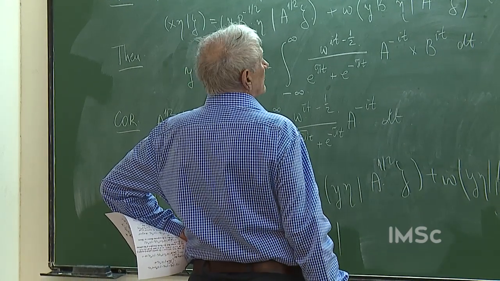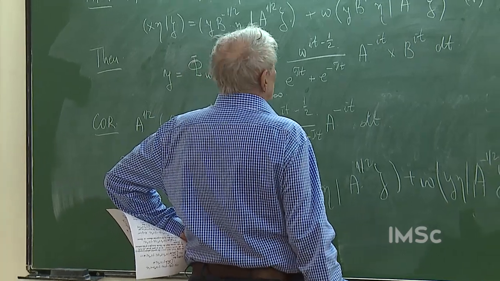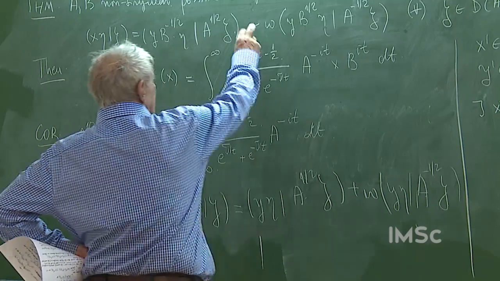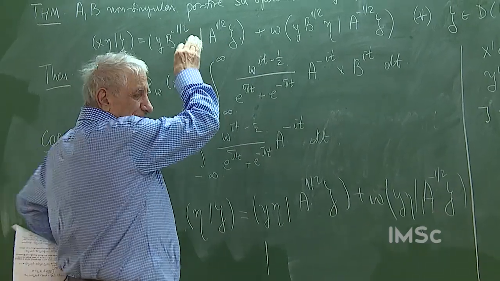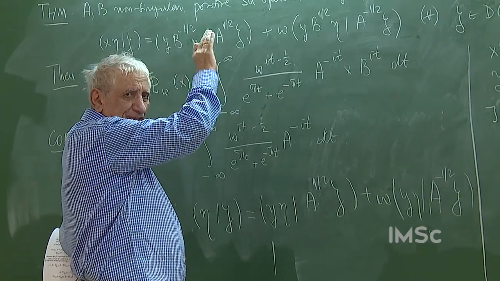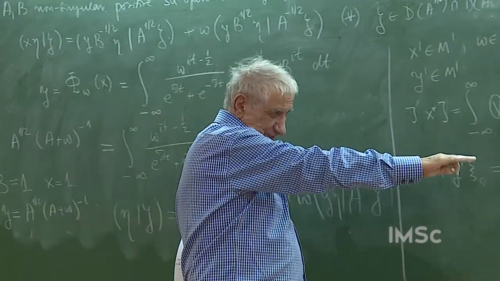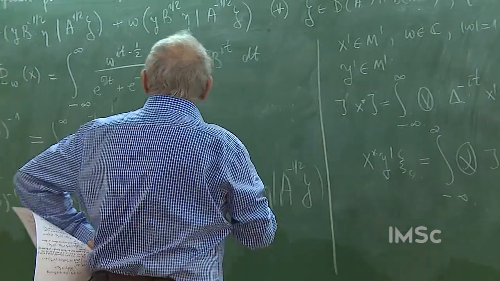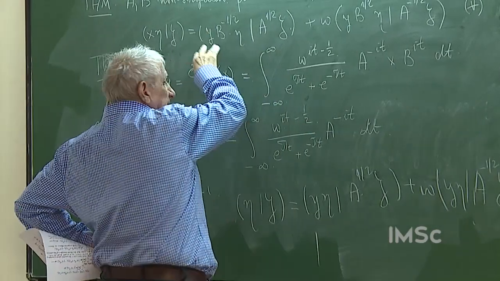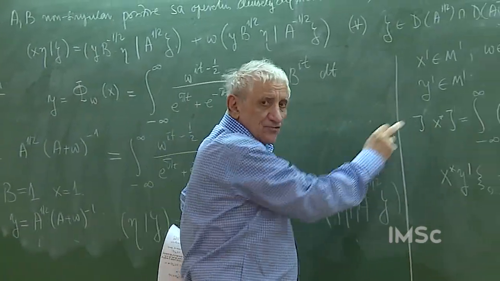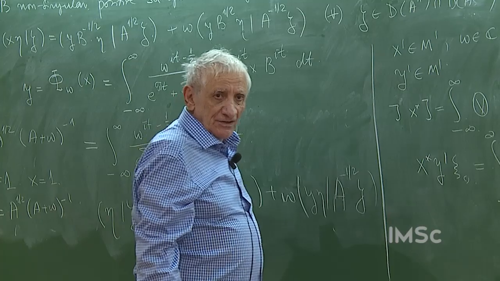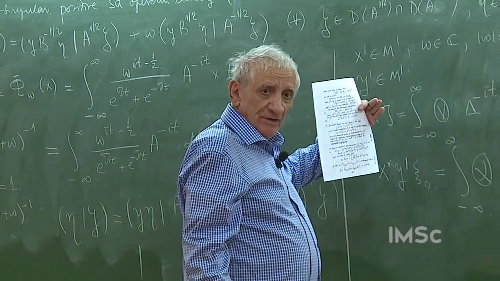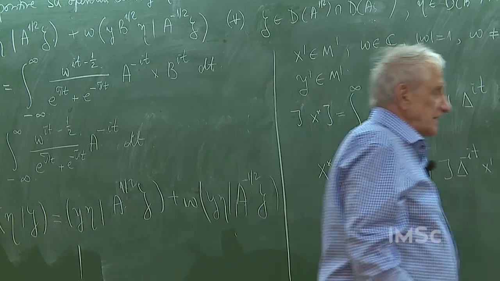No, this is from the theorem. It was the specific thing which was obtained there, and the place of y was played by J x star J. So this is a consequence of the theorem.